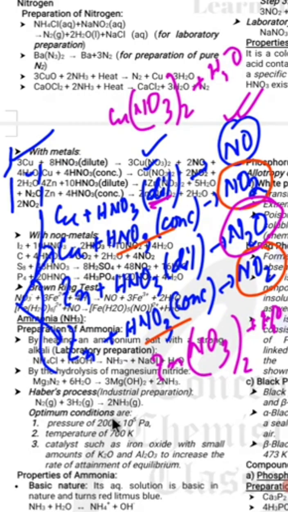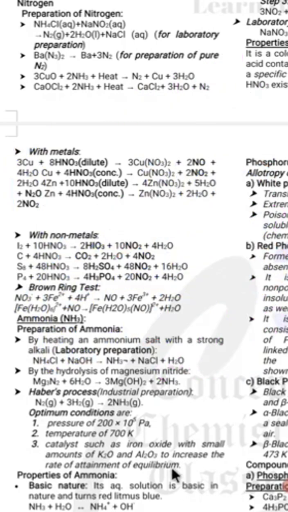Now let me move to the next property. This is with non-metals. Now there are four important non-metals: iodine, carbon, sulfur and phosphorus, and they react with nitric acid. In this case also, nitrogen dioxide and water.